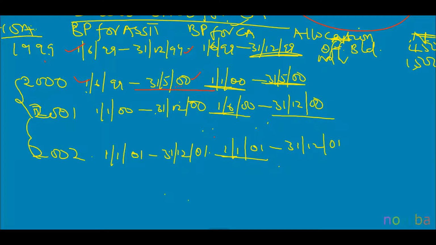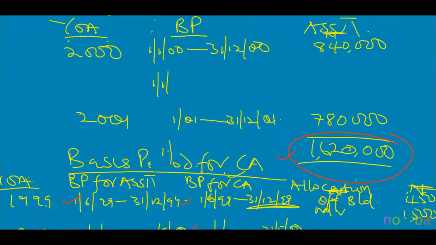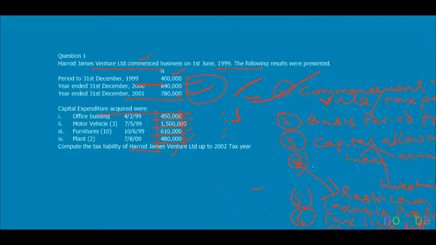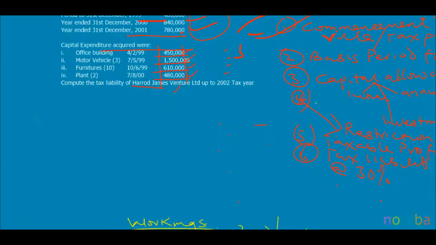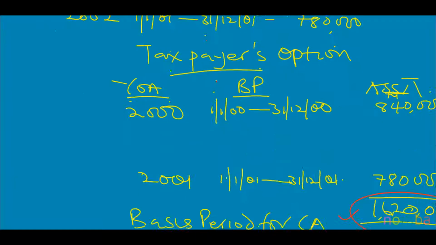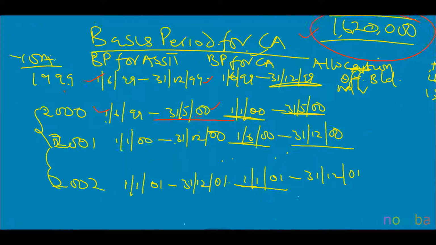And what is the asset again? 10th of June 99 still falls in that first year, and the asset is furniture, 610,000.